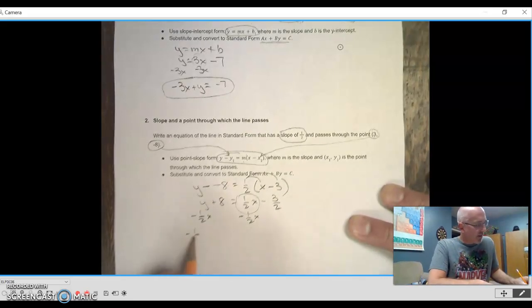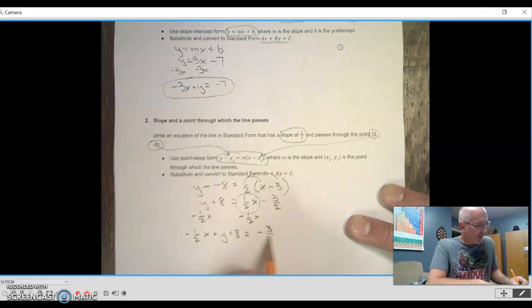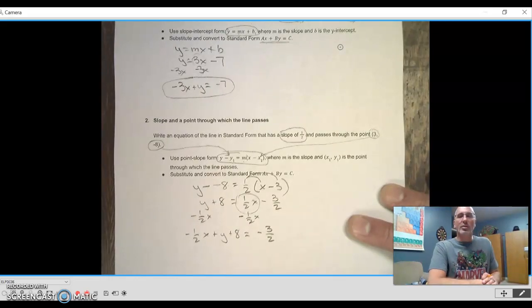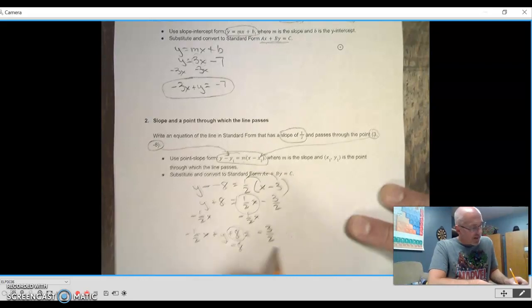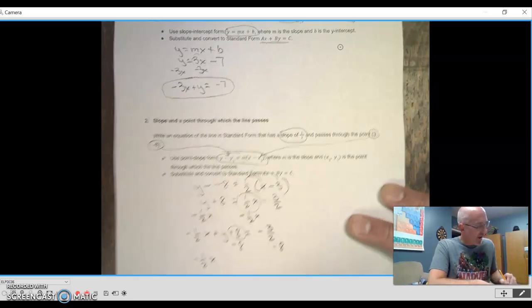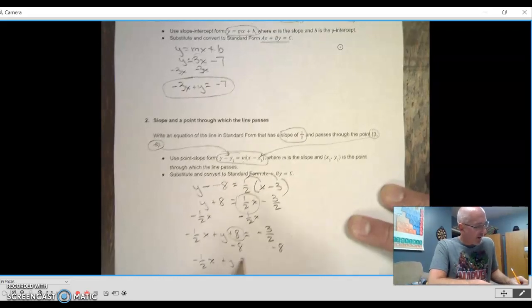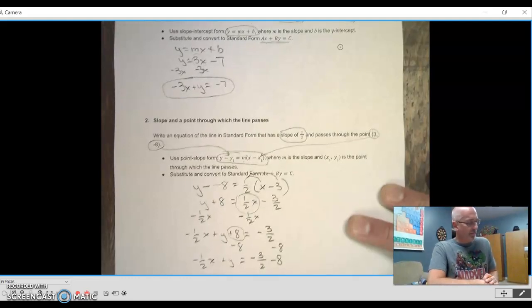So I have negative 1/2 x plus y plus 8 equals negative 3/2. Now what we'll do is we are going to move this 8 over to this side. So we are going to subtract 8 from both sides. So we have negative 1/2 x plus y equals negative 3/2 minus 8.